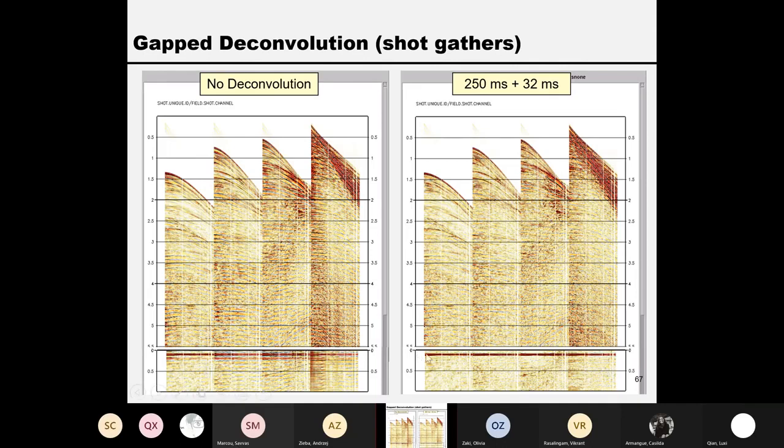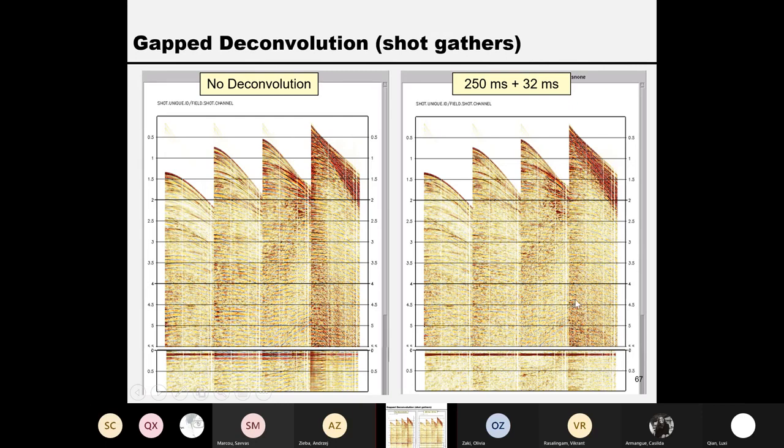So the zero lag autocorrelation would be identical to the original one because inside it's kept untouched. However, the multiples like here will be completely zeroed out. So predictive decon removes the multiples.